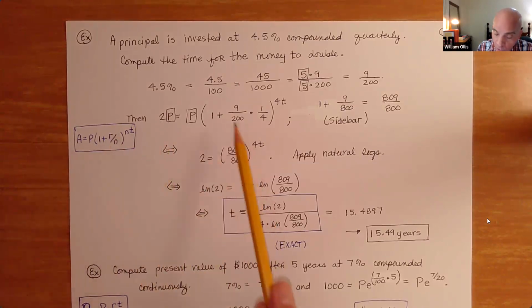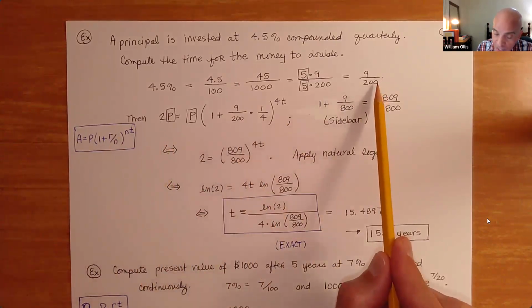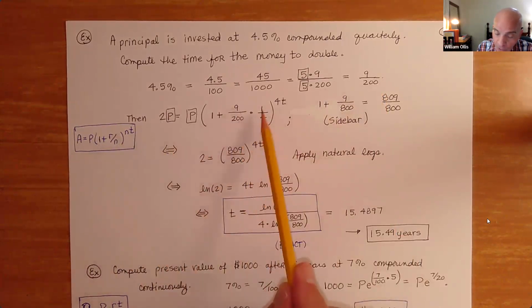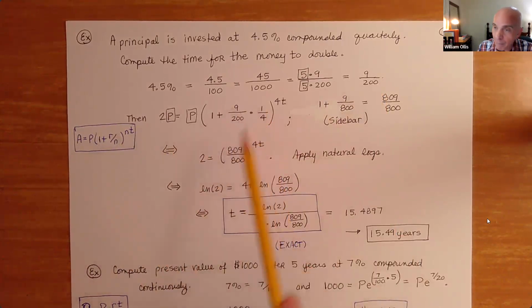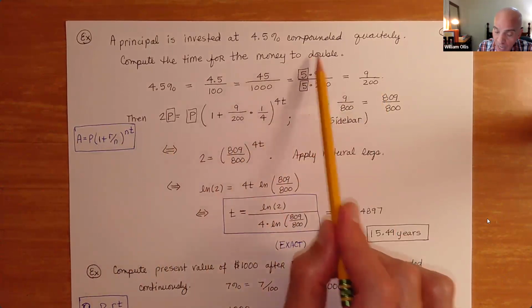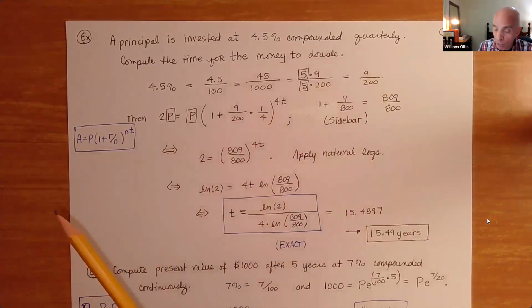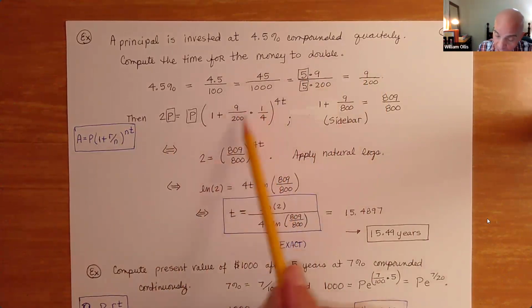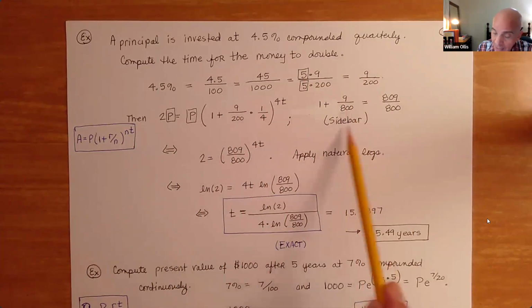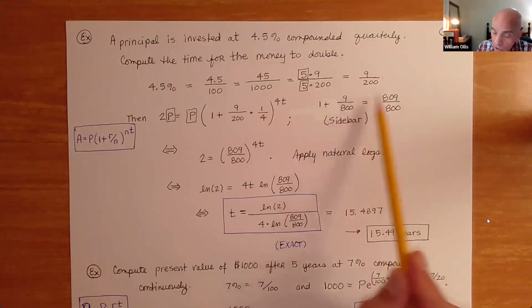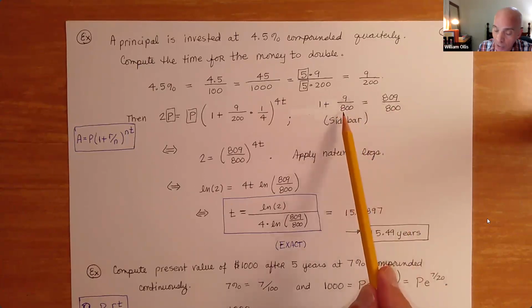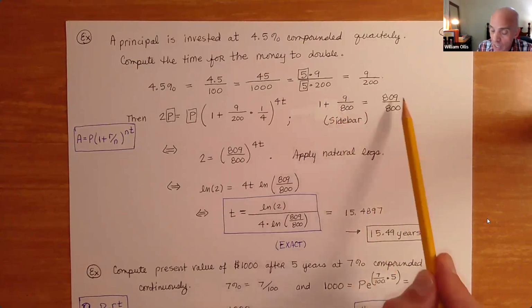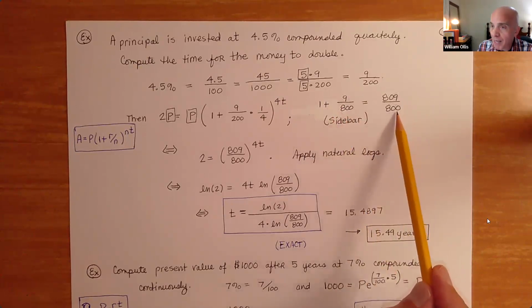But first, what we want to do is go here and say, well, we need R divided by N. Here's R, and if we divide by N, we just multiply by 1/4 because we have compounding quarterly, or 4 times per year. Now notice when you multiply, you just have 9/800. And I did a little sidebar here. You can go ahead and get a common denominator and add the 1. Write the 1 as 800/800. So you get 809 divided by 800.